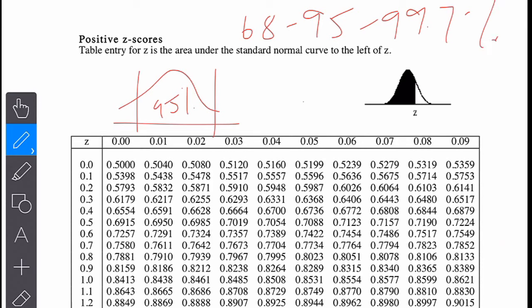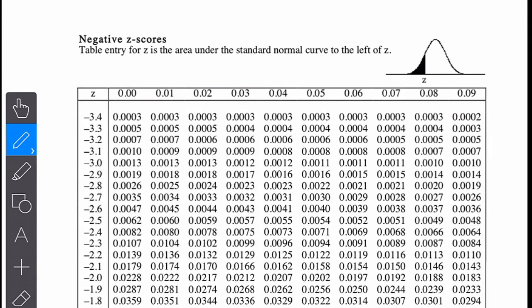If it's 95% in the middle, then what should the Z be for that? It should be 2.5% on this side, and 2.5% on this side, right? So what I'm going to look up is 0.0250 and see what it gives me. So I actually have to go to the negative table for that after I've drawn all this. So let's go look for 0.0250 inside of the table.